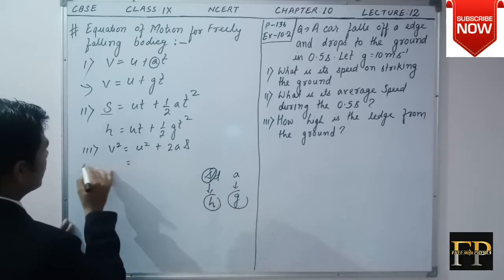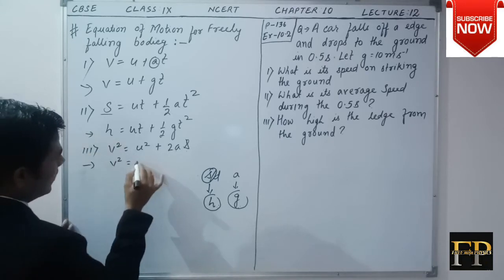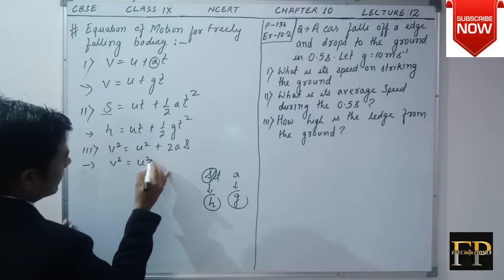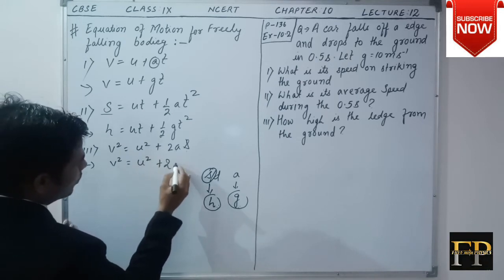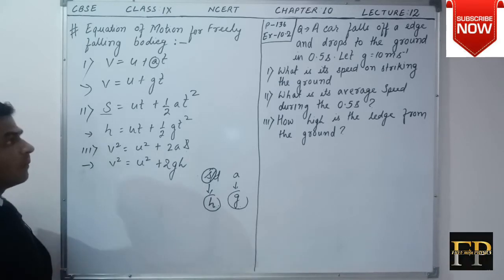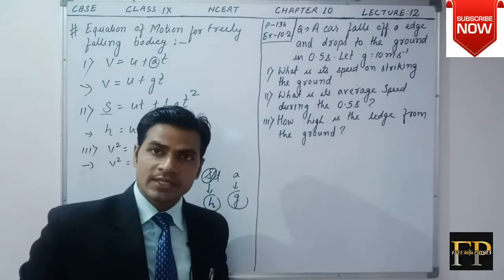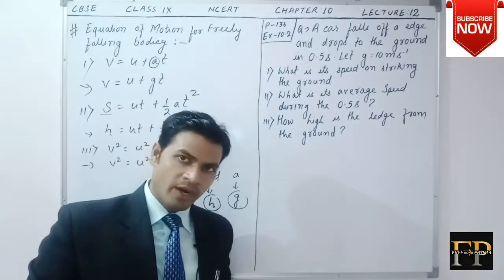So this equation becomes v squared = u squared + 2gh. Now, based on these equations, we will solve our numericals for free falling bodies.